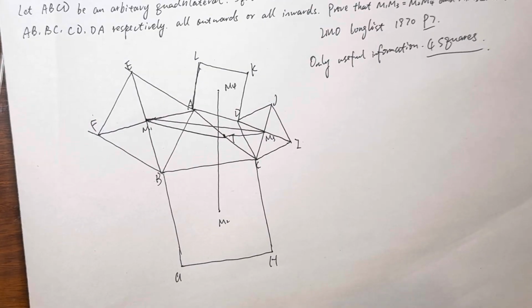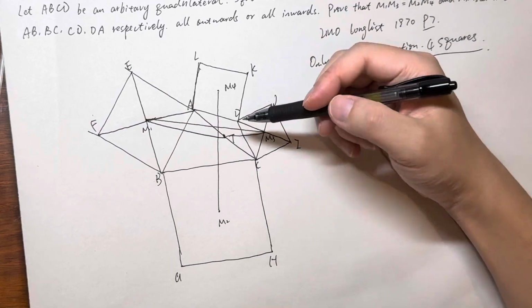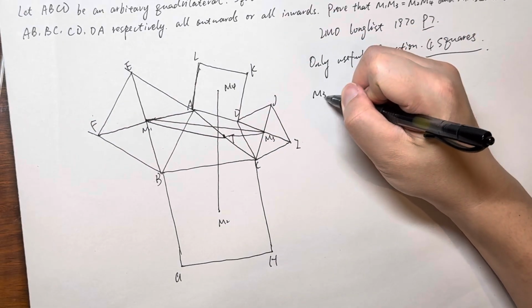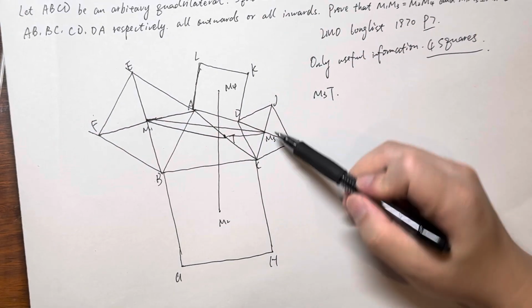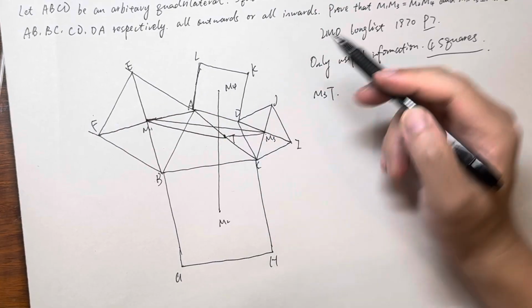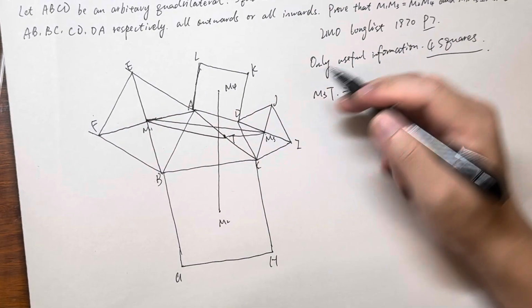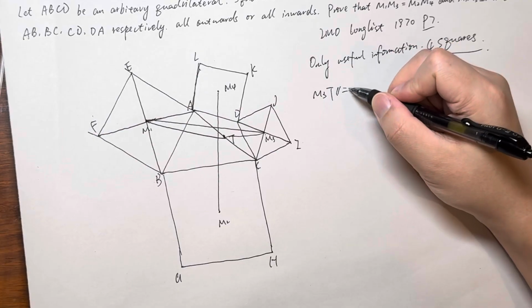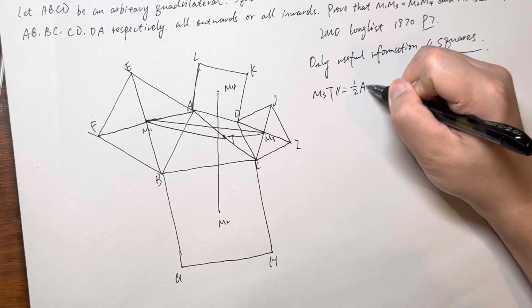Now we have much more information, right? Because if we look at M3T, M3 is the midpoint of CJ, T is the midpoint of AC, which means M3T is parallel to and equals half of AJ.